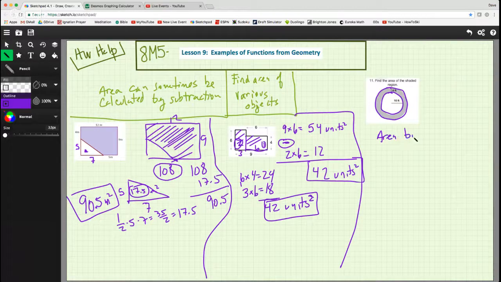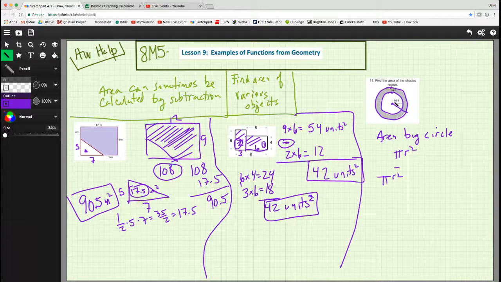And so the area of the big circle is pi times r squared for the big circle. And then you're going to subtract off pi r squared for this circle, for the white circle. So we got to figure out what the big circle's radius is.